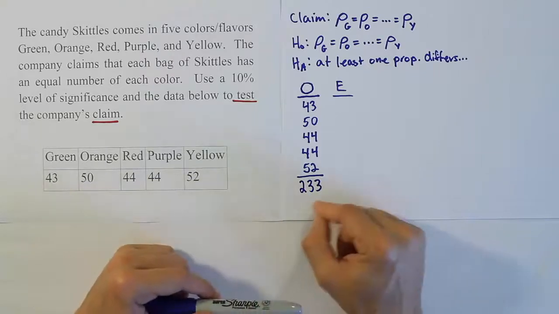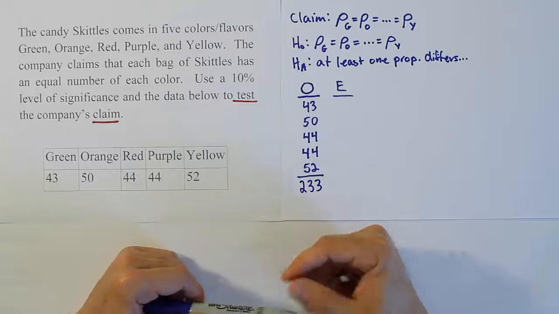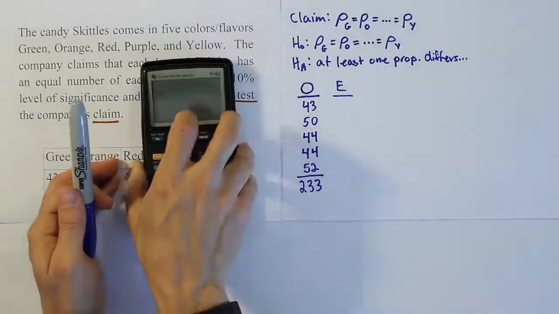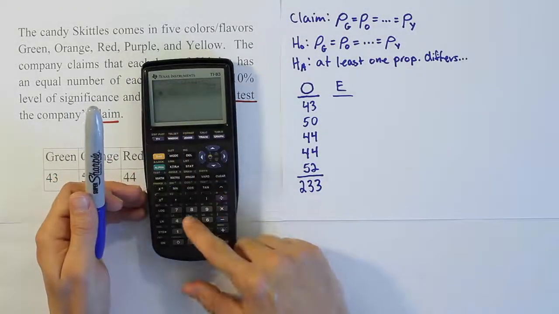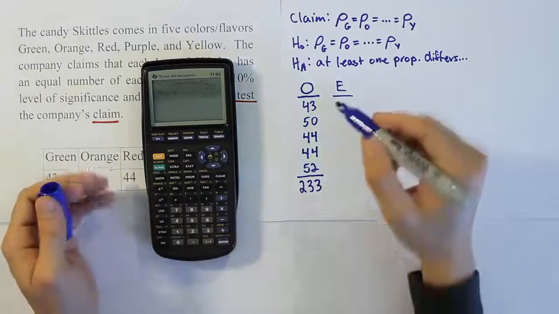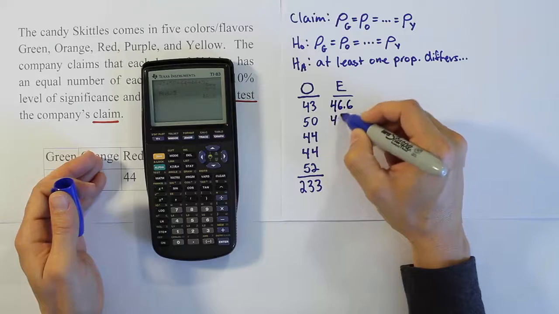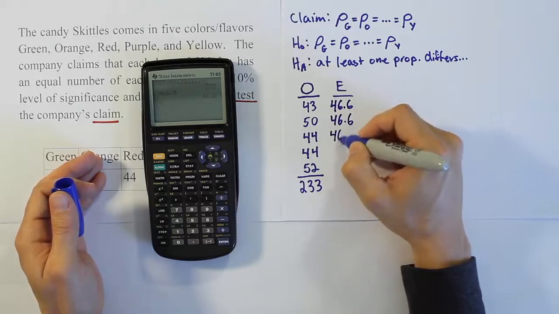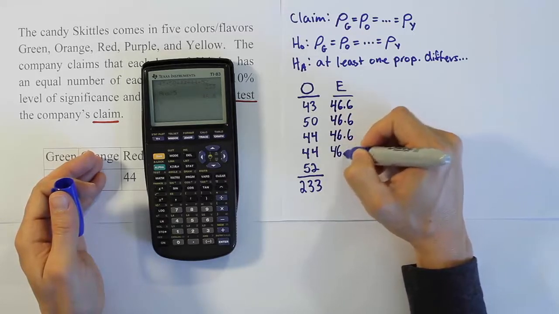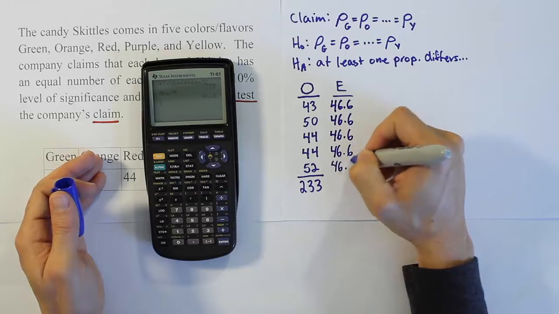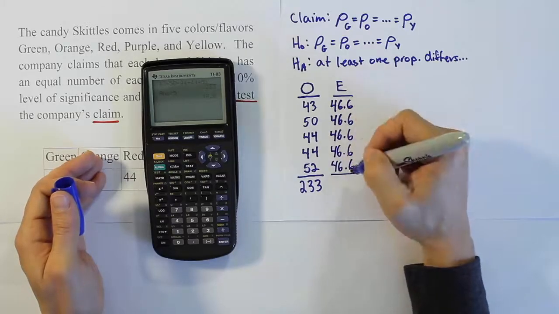So we have to multiply this total by 1/5 for every expectation in the table. So do 233 divided by 5, and you will have your answer for the expectations. If you get 1, you have them all because they're all supposed to be the same. So we'll say 46.6, 46.6, 46.6, 46.6. Okay, so that's the expectation column.